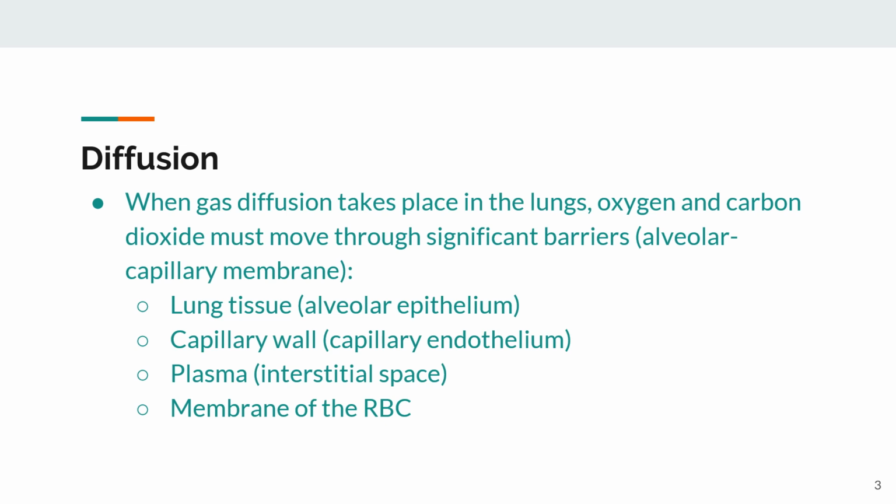That's mostly water, or mostly liquid. So when you're looking at the different barriers through the alveolar capillary membrane, you want to remember lung tissue, capillary wall, plasma, and then the membrane of the red blood cell, or hemoglobin.